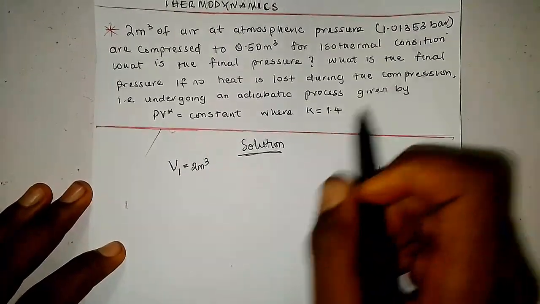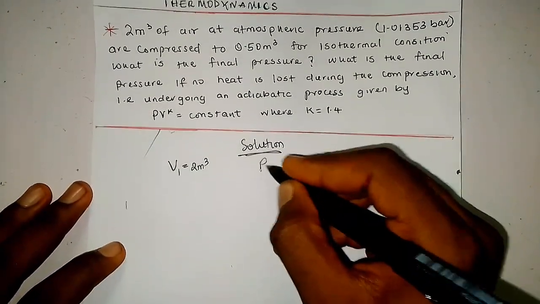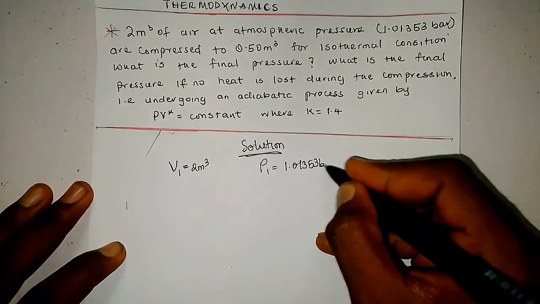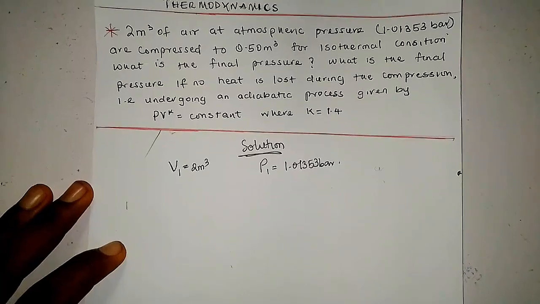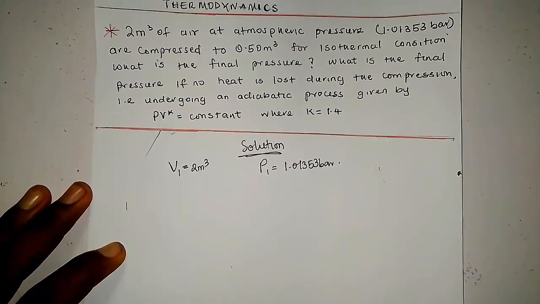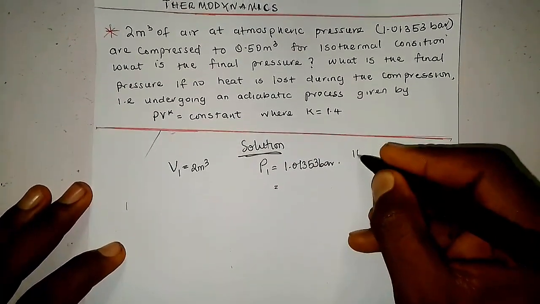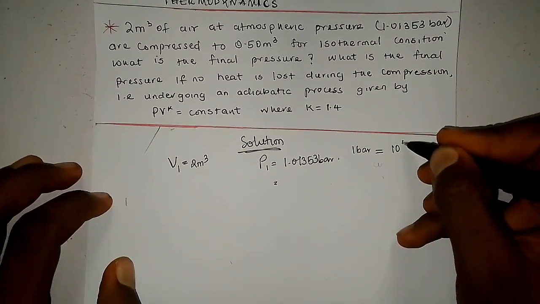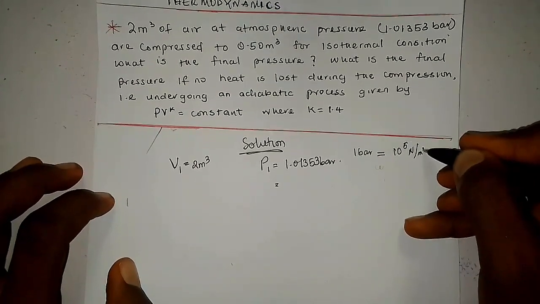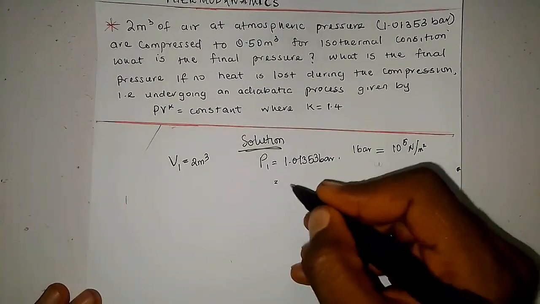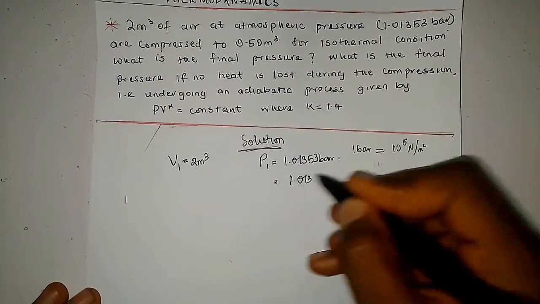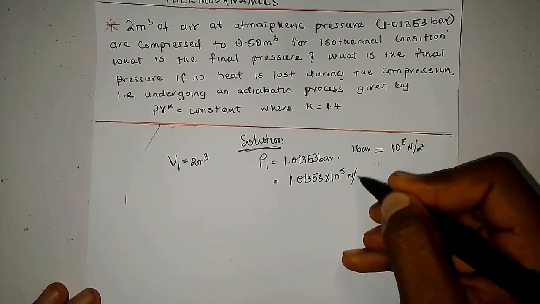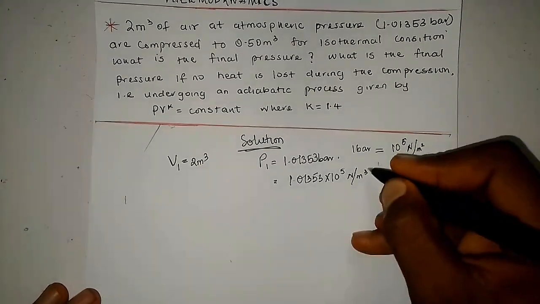At this atmospheric pressure, which is a standard pressure, let's call it P1, 1.01353 bar. Now let's convert this bar to Newton per meter square because that's the standard unit for pressure. Since 1 bar is basically equal to 10 raised to power 5 Newton per meter square, replacing this, we have 1.01353 times 10 raised to power 5 Newton per meter square.